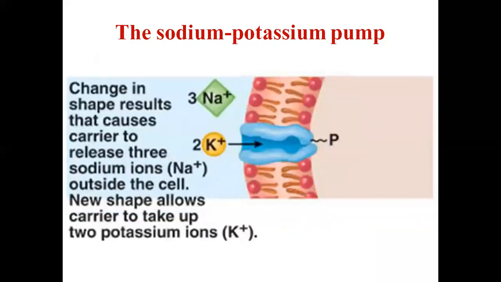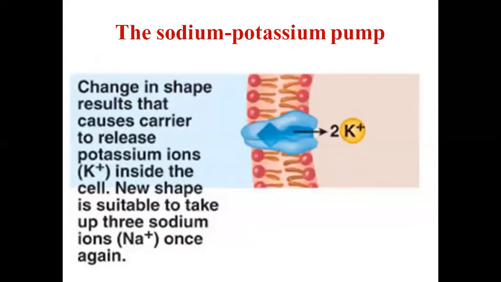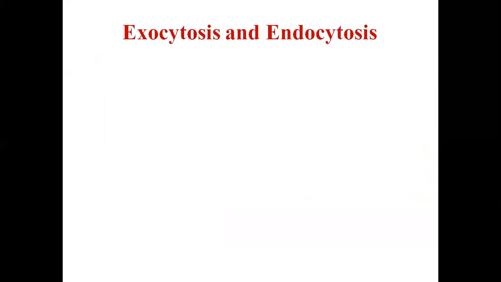The change in shape causes the carrier to release 3 sodium ions outside the cell. The new shape allows the carrier to take up 2 potassium ions. The phosphate group is released from the carrier. The change in shape causes the carrier to release potassium ions inside the cell. The new shape is suitable to take up 3 sodium ions once again.